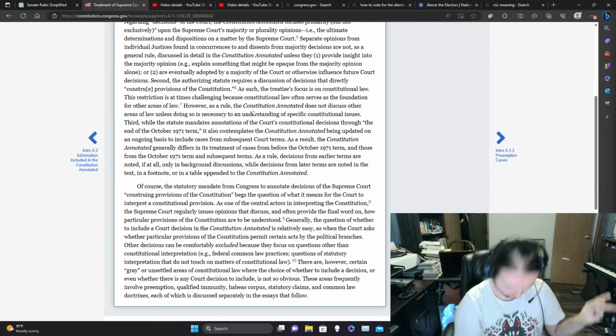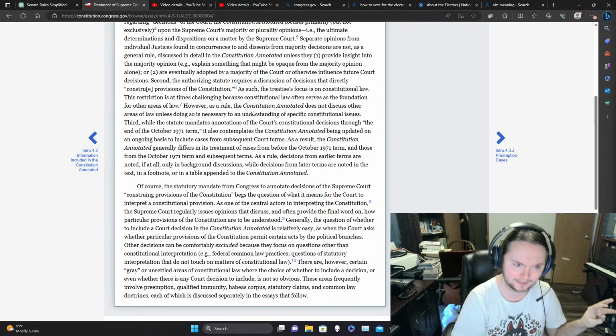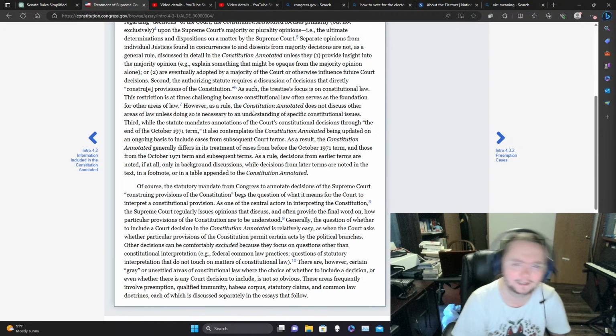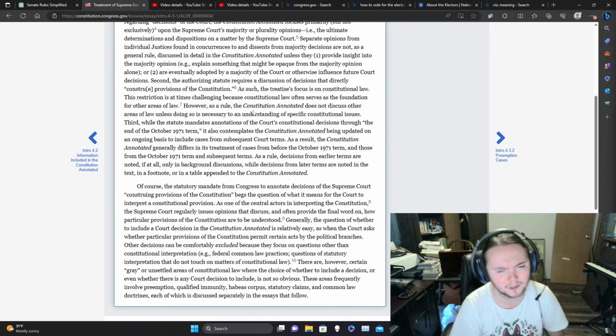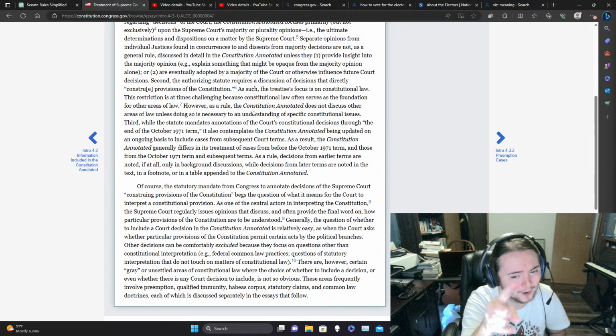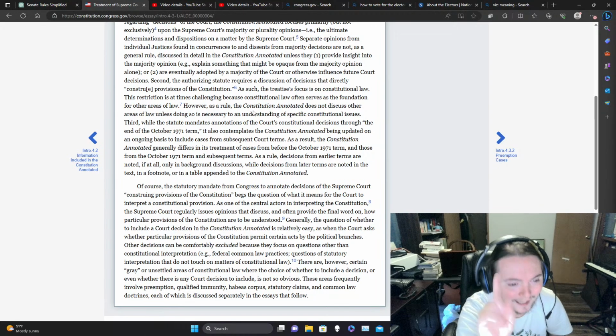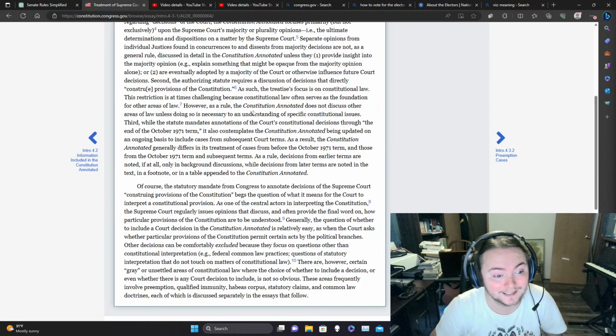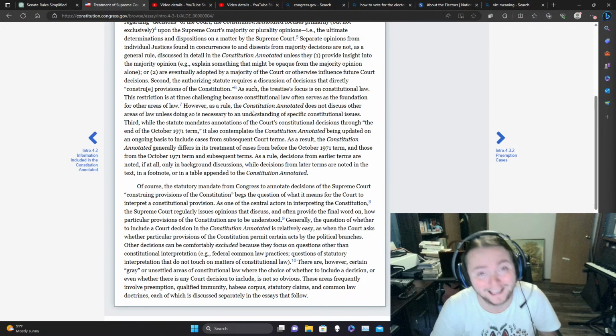As a result, the Constitution Annotated generally differs in its treatment of cases from before October 1971 term and those of October 1971 term and subsequent terms. As a rule, decisions from earlier terms are noted, if at all, only in the background discussions, while decisions from later terms are noted in the text, in a footnote, or in the table appended to the Constitution Annotated.